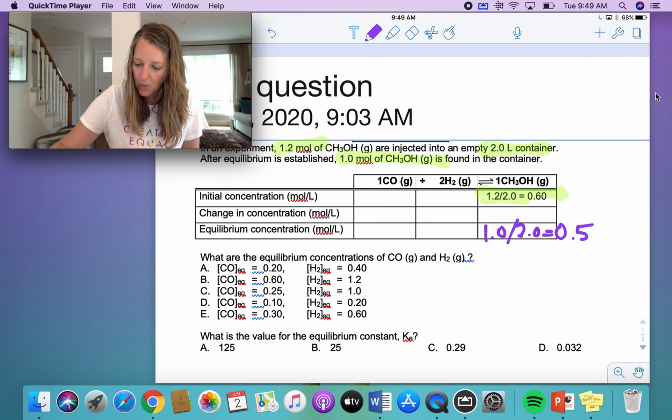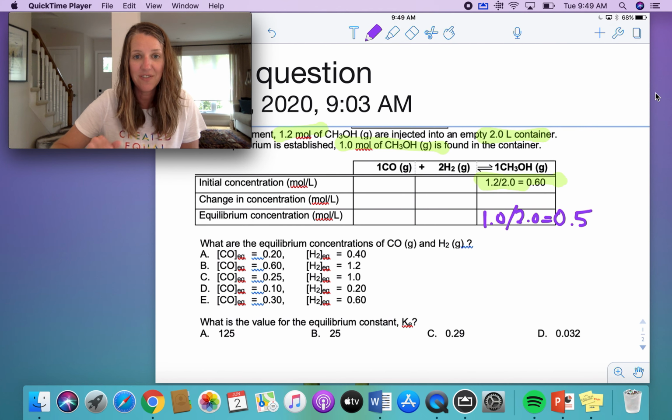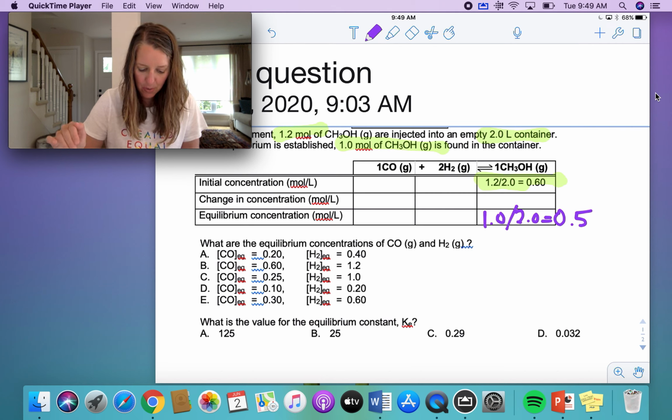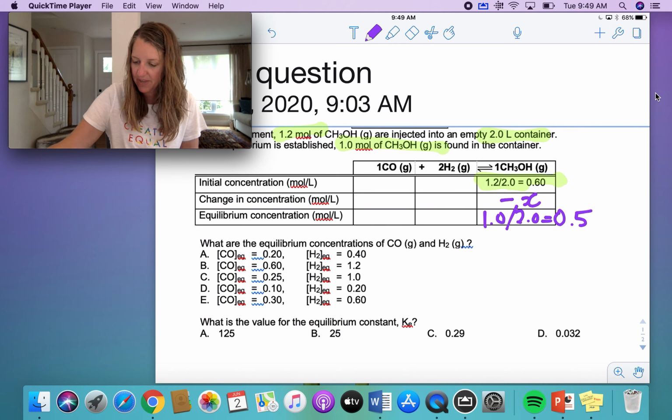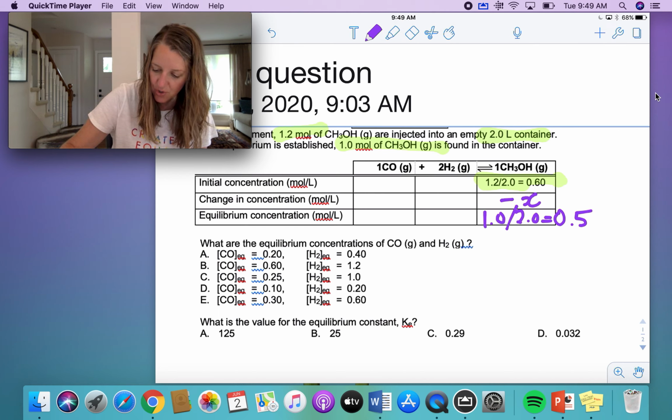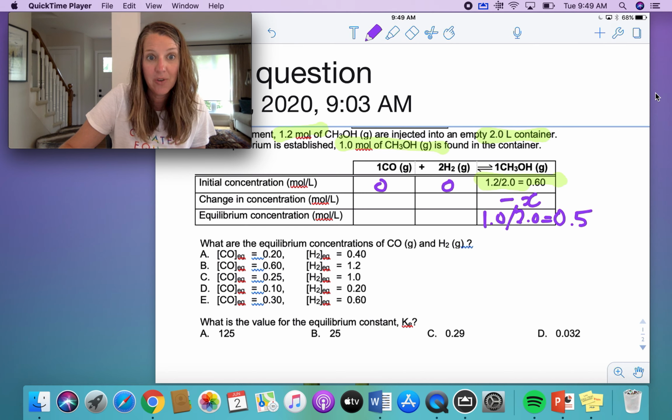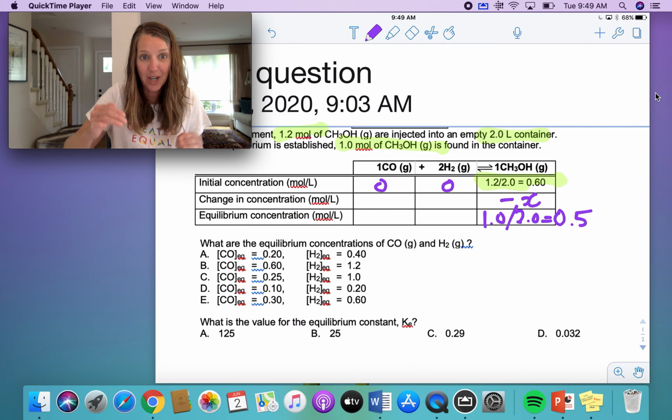Okay, so what are the equilibrium concentrations? Let's fill in our ICE table. Initial concentration, change in concentration, equilibrium concentration. If 0.60 goes to 0.5, my change in concentration is by a factor of X. It goes down by a factor of X. What were my initial concentrations here and here? They were 0. Clearly they're going to go up, right?